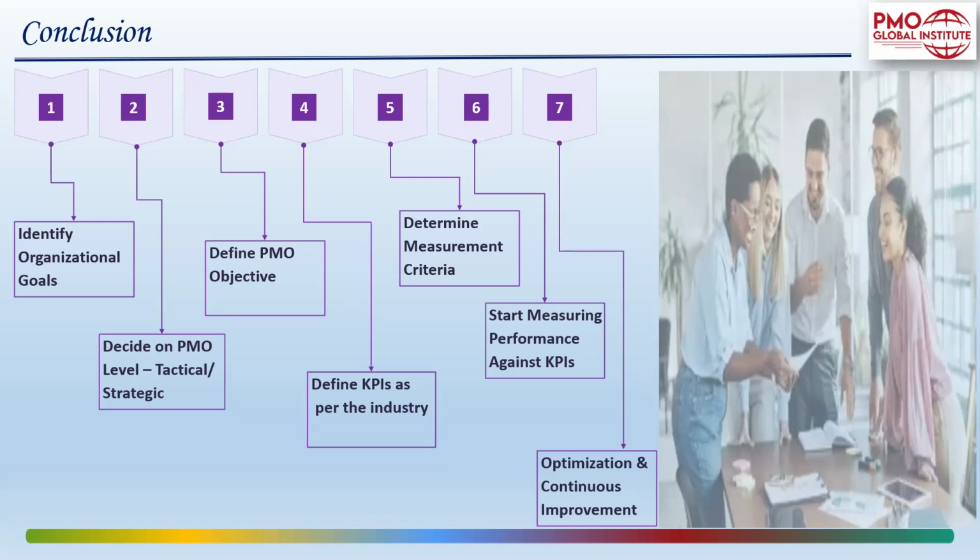So you need to look into your processes, you need to look into your KPIs, you might need to further improve or tweak some of the KPIs or their measurement criteria. And that is how you improve, and then you see better results when you have a fully functional PMO.